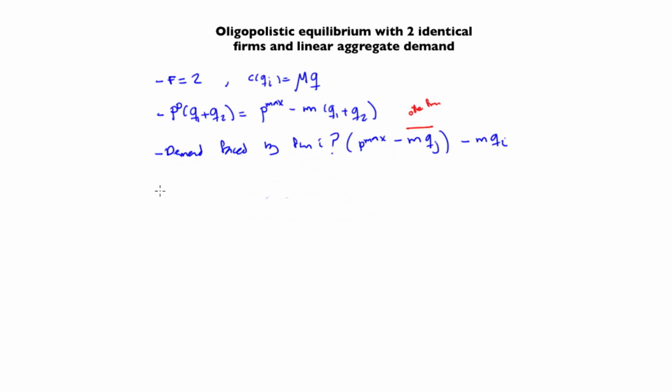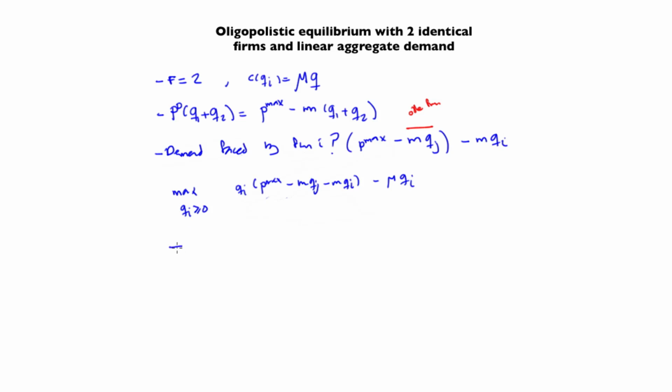And what is it going to do? It's going to maximize over Qi greater or equal than 0, that demand function times Qi minus its total cost, which is mu Qi. Now that's a problem that you know how to solve if you think of this as a constant, because it looks like the monopoly problem, except that the intercept of the demand function has shifted.